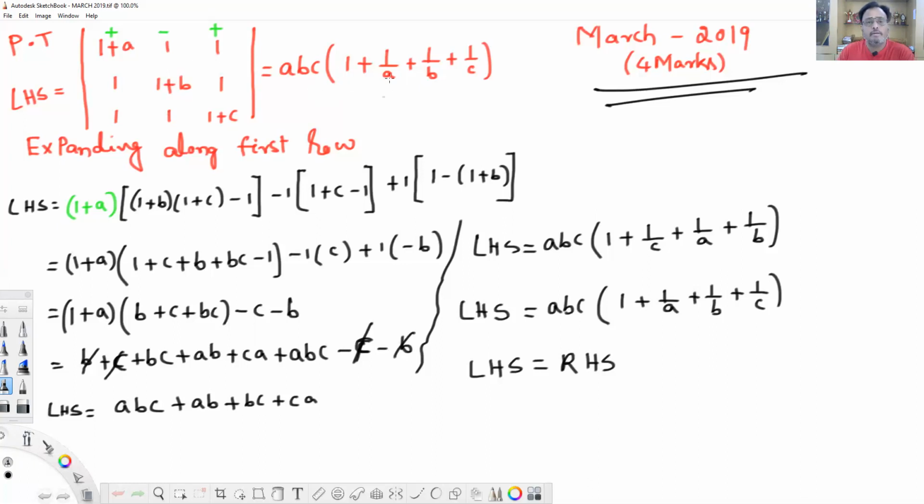But the method which I am solving here, suppose I had put a condition that prove this determinant without using expansion, at that time you refer to your textbook method.